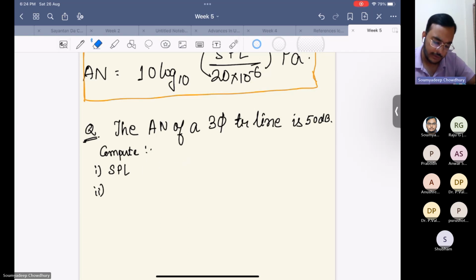So you have to do the audible noise is given as 50 dB. First, you have to compute the SPL level.